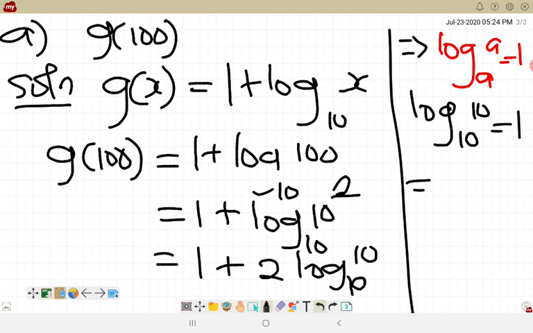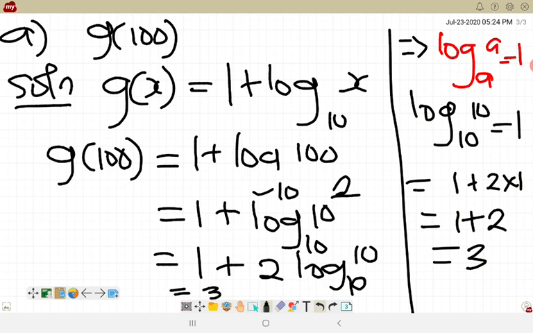So this function will give us 1 plus 2 times 1, which is 1 plus 2, which is 3. So the final answer here is 3. So g of 100 equals 3.